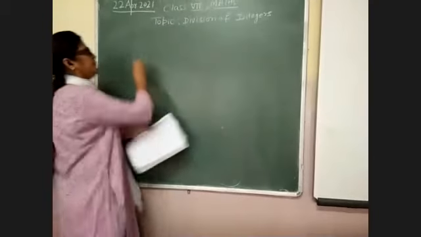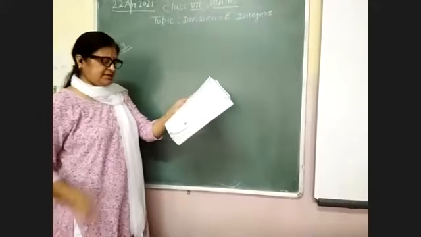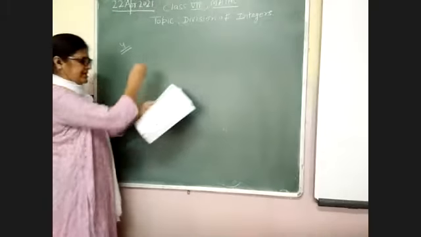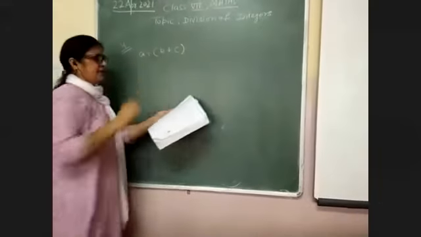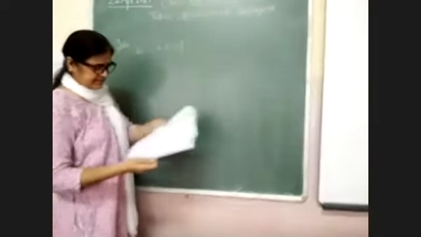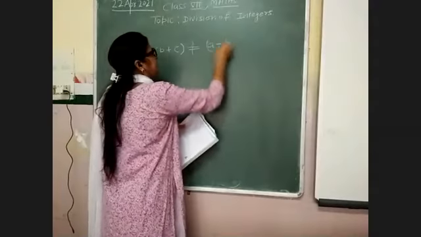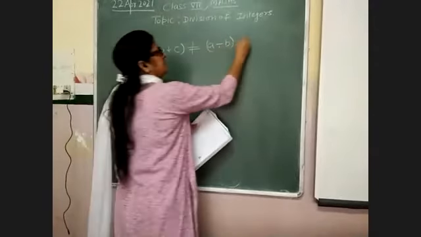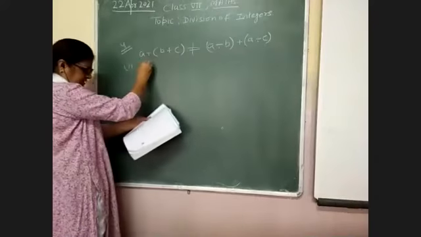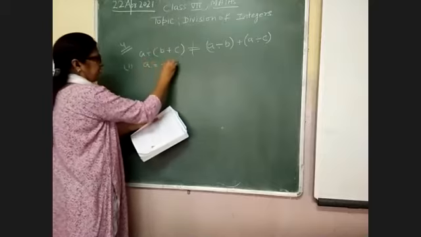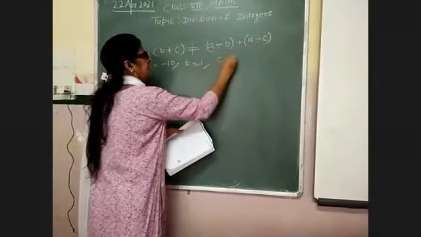Now see, fourth question, same as the third question, but some values are different. A divided by B plus C. Here plus sign is given, not equal to A divided by B plus A divided by C. Your first part is, the values of A is minus 10 and B is plus 1 and C is plus 1.